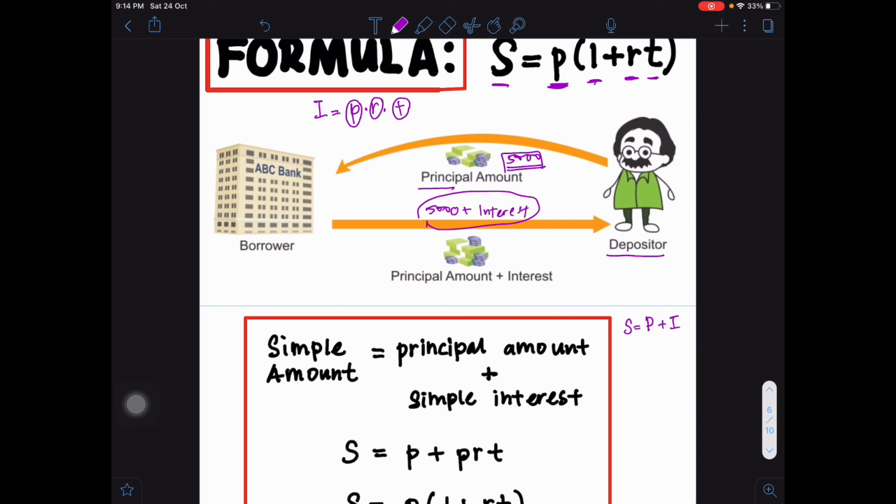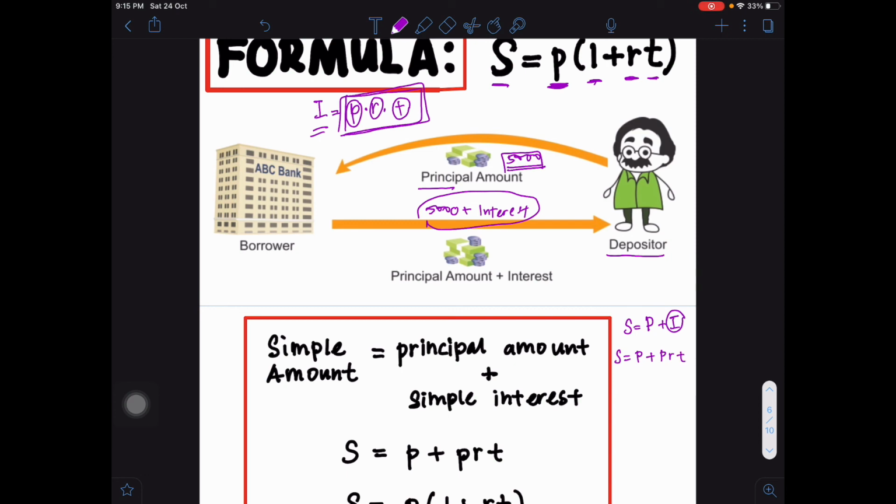Okay, so simple amount adalah duit asal kita, principal ditambah dengan interest. And just now we have learned that the formula to find interest is equal to PRT. Okay, so bila kita gantikan I ni dengan formula dia, PRT, so apa yang kita akan dapat adalah S equal to P plus PRT.